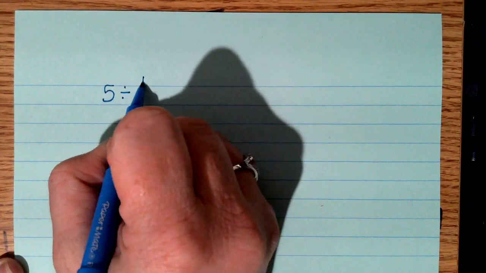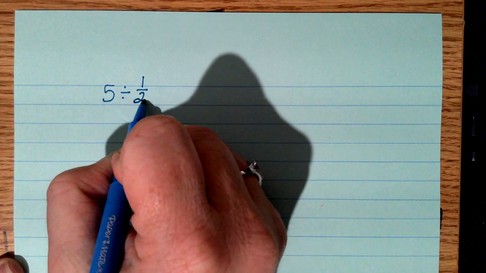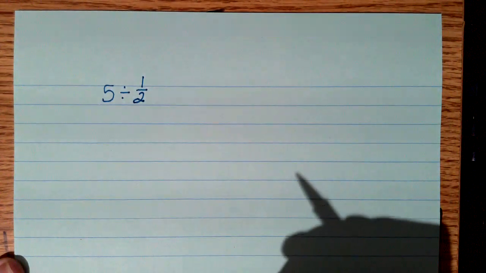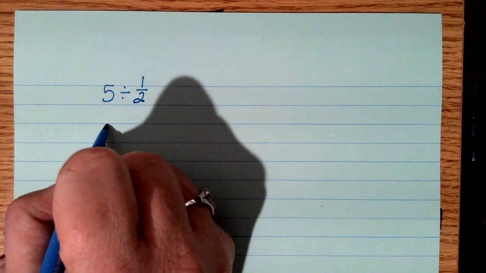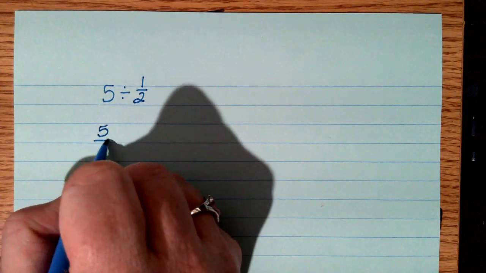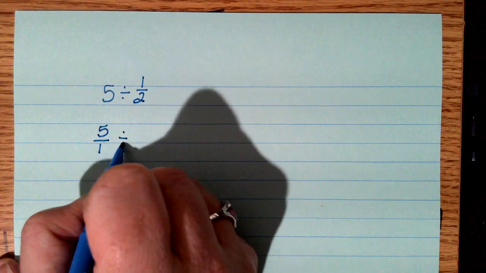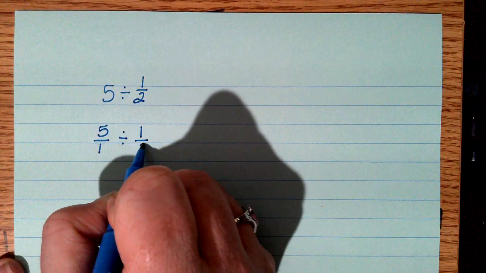All right, we're going to start out with 5 divided by 1/2. The first thing I'm going to do is change my whole number to a fraction. So that becomes 5 over 1 divided by 1/2.